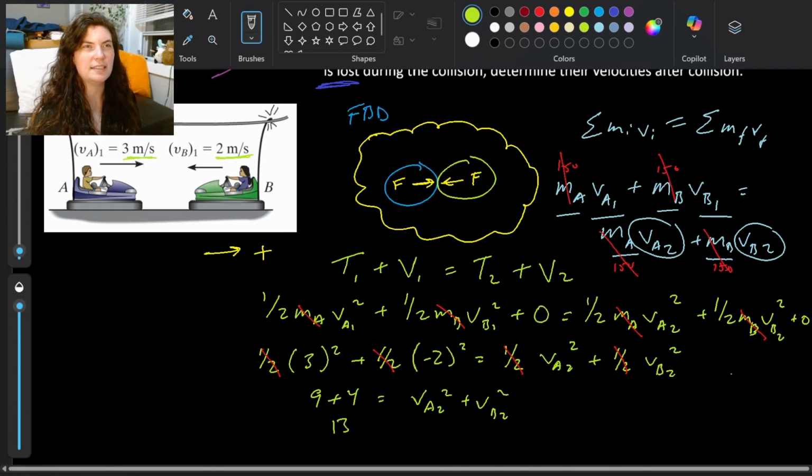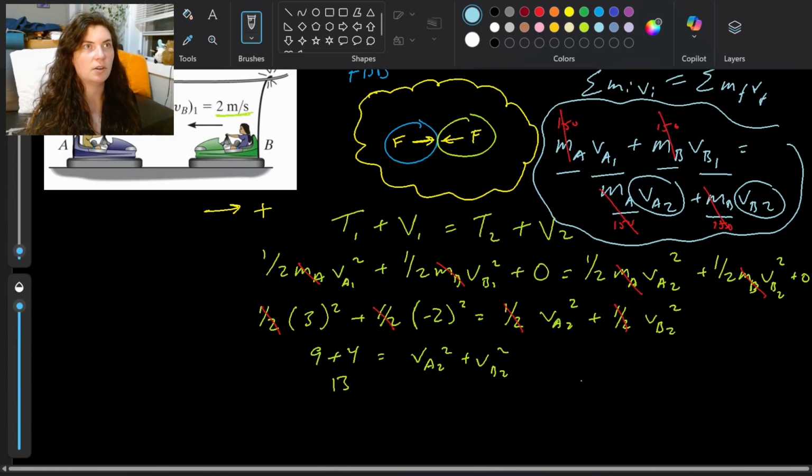So I've worked this down as far as I can, so I'm going to see what I can do with my conservation of momentum equation, plugging things in there. So I get VA1, which was 3, plus VB1, which is -2, equals VA2 plus VB2.